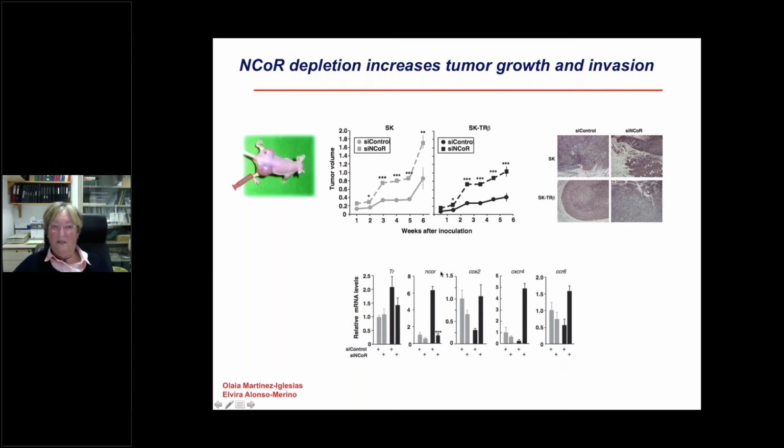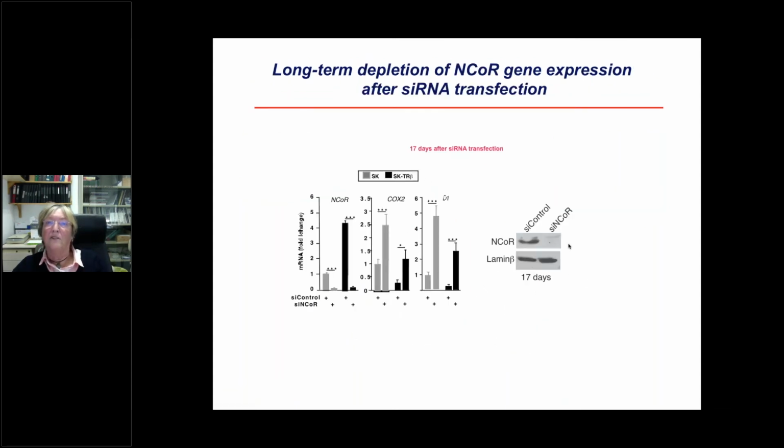And here also, 1 month after injection, we could observe that NCOR was still knocked down and that the co-repressor target genes were upregulated. This indicates that there is a kind of autoregulatory mechanism by which, in the absence of NCOR, the NCOR gene is very stably silenced.